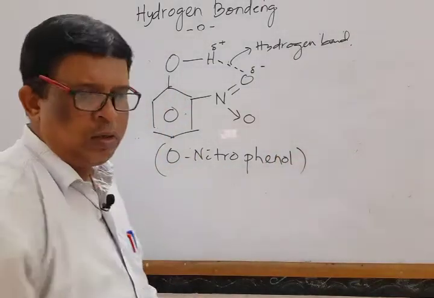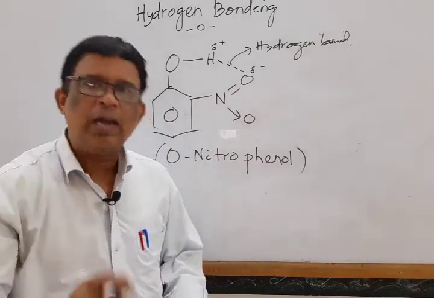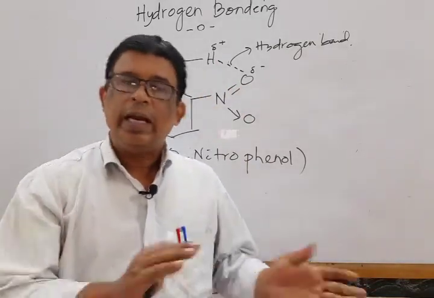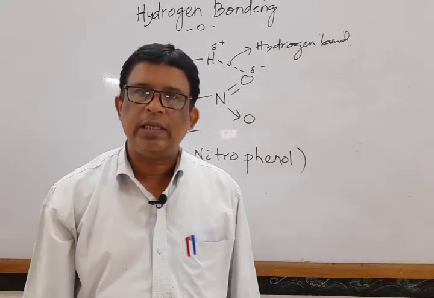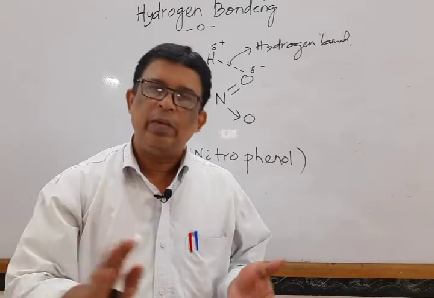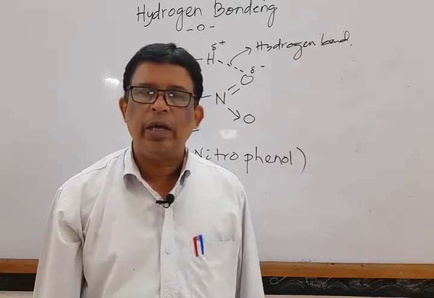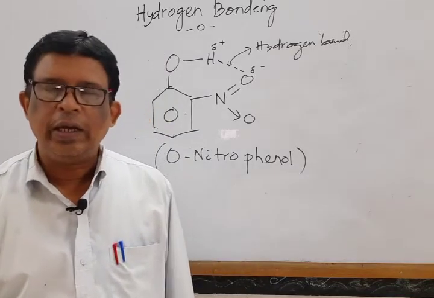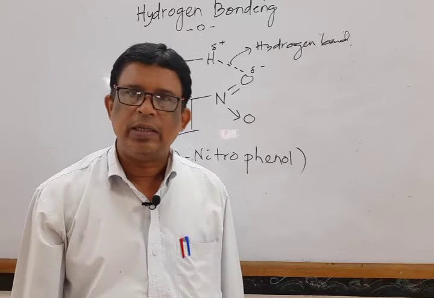Within the molecule, the bond between hydrogen and oxygen of one molecule. But in case of intermolecular hydrogen bonding, the number of hydrogen bonds increases between the molecules. It may be similar or dissimilar molecules. Due to the greater number of bonds, the boiling point, melting point, solubility and also viscosity increase.